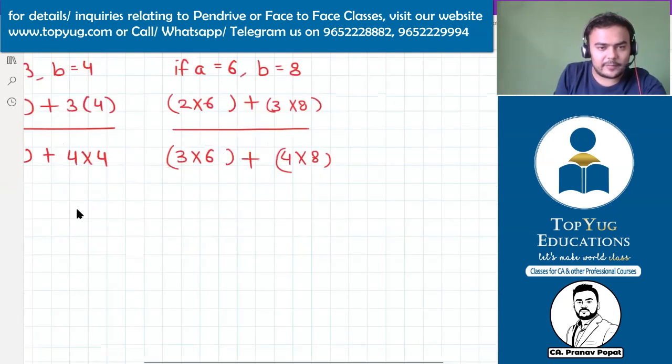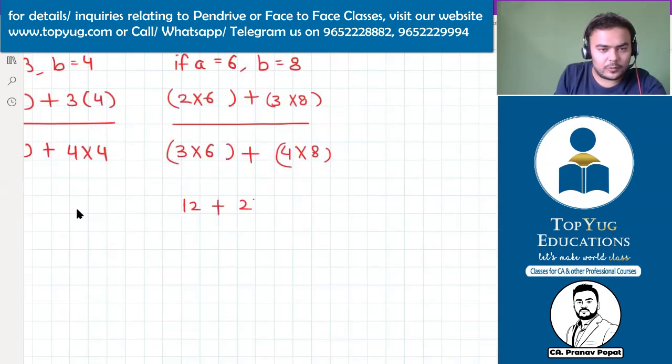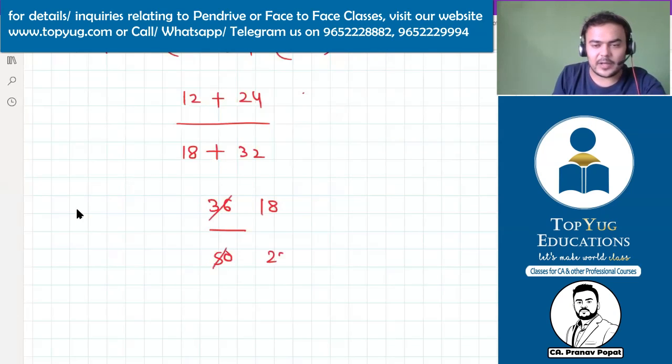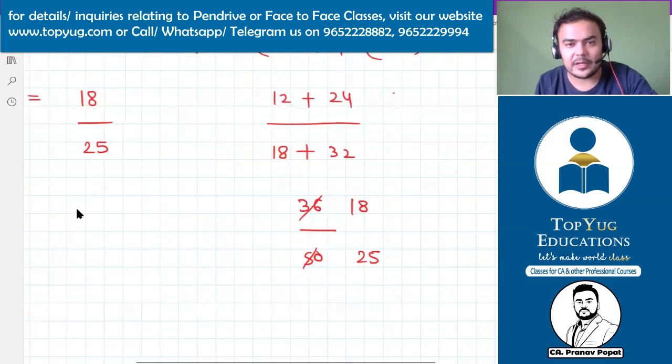This is 12 plus 24 whole divided by 18 plus 32. 12 plus 24 is 36, divided by 18 plus 32, which is 50. If you simplify this, 36 by 50 gives 18 by 25. Same answer. So you are getting my point?